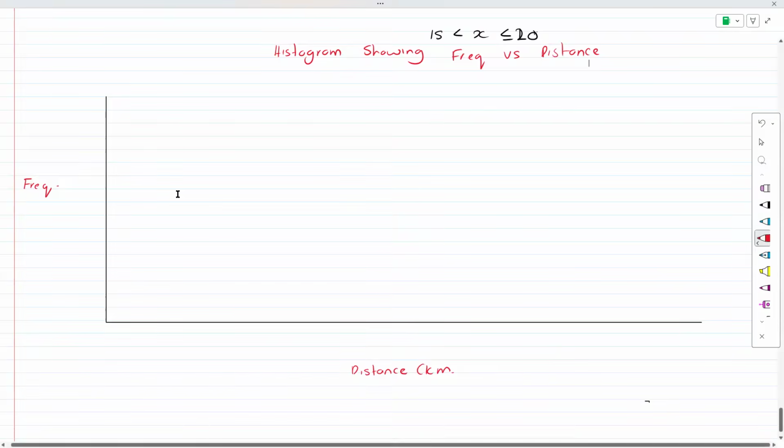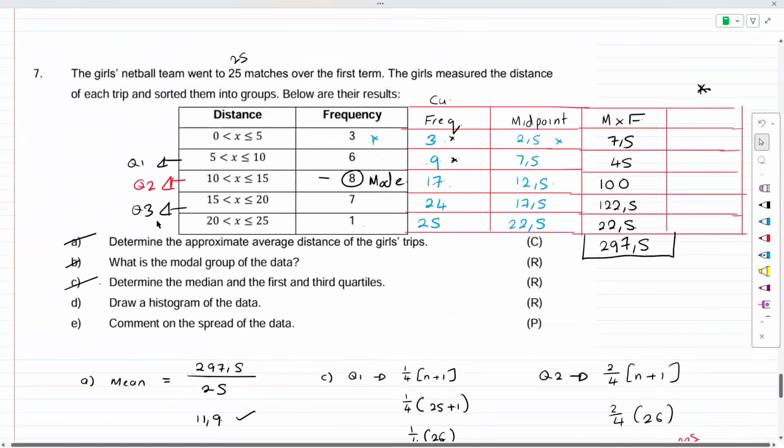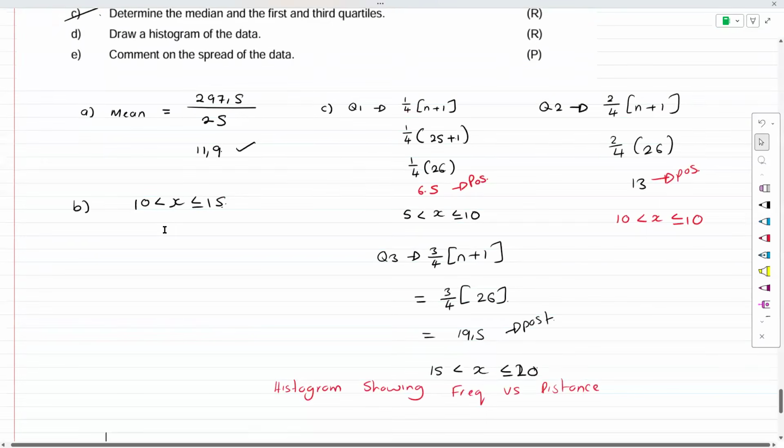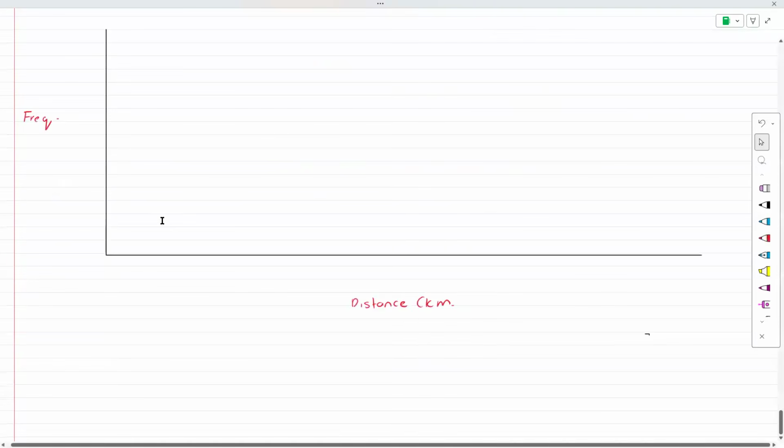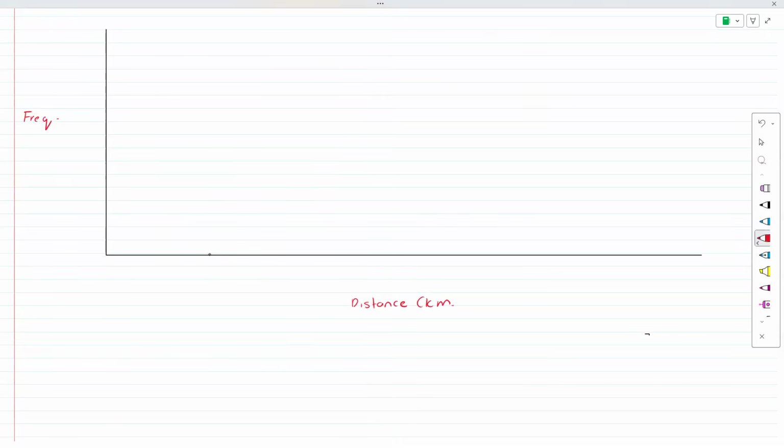Now for the histogram, I think the best thing to do is just go with the midpoints. The midpoints work very well. If you want to go with intervals, go with it. For me, I think the midpoints work very well. 1, 2, 3, 4, 5. Okay. This is 2.5, 7.5.